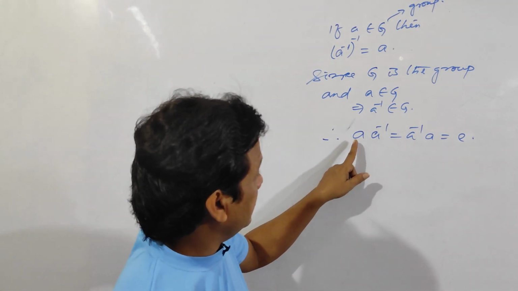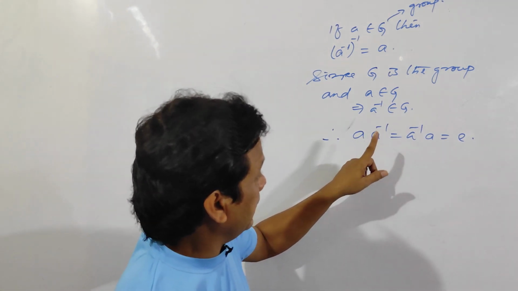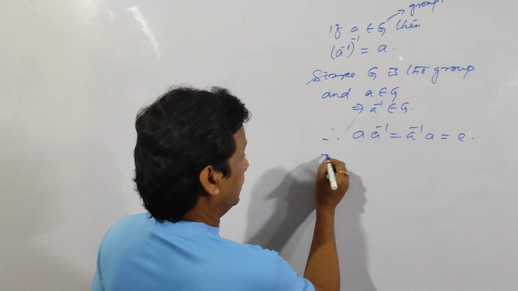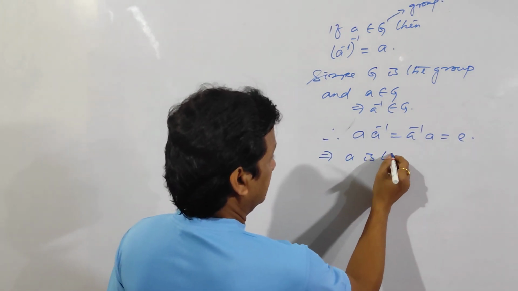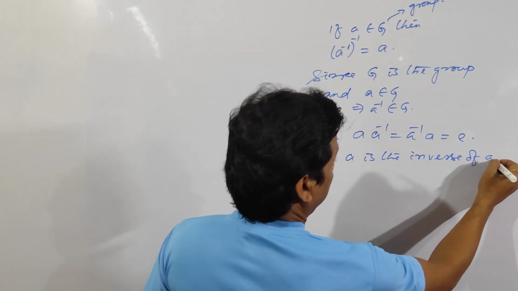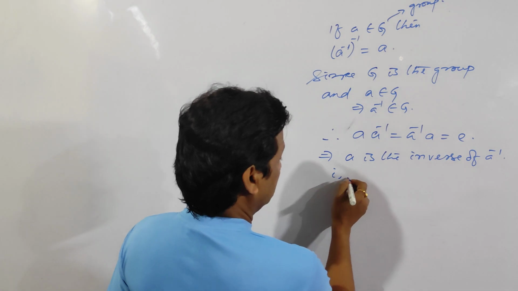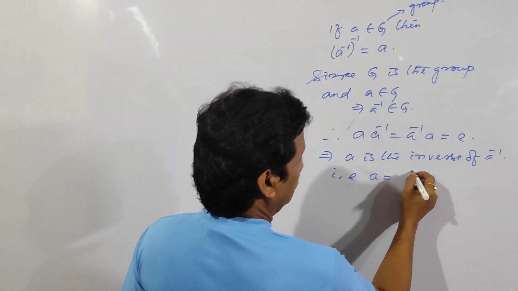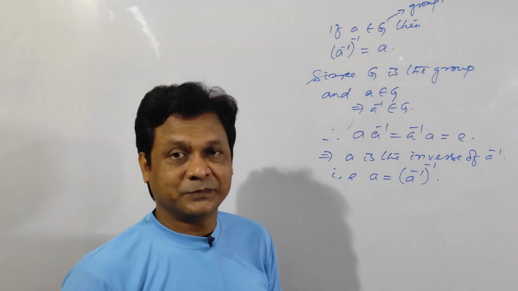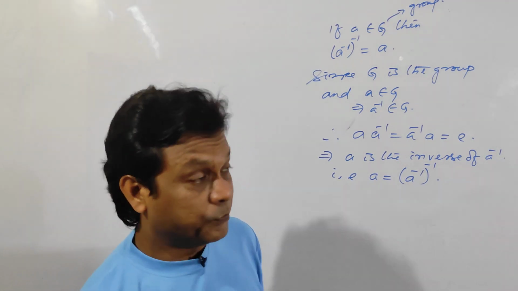Now we can say A is the inverse of A inverse, and A inverse is the inverse of A also. Now it implies A is the inverse of A inverse, that is, A inverse inverse is equal to A. So we have proved this one.